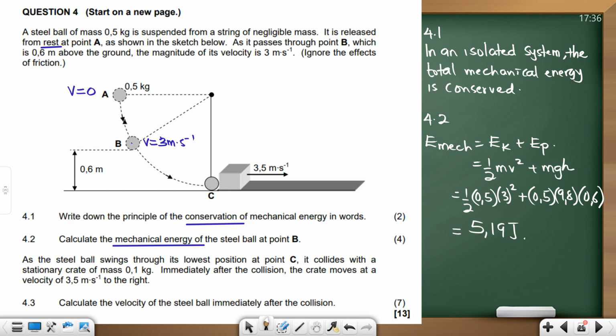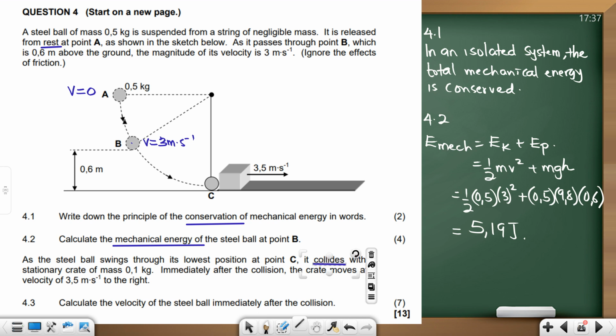As the steel ball swings through its lowest position at point C, my dear learners, I want you to listen. But always remember, as the ball moves down, the velocity is increasing. Okay, you missed the 0,6. No problem. All right, now listen. As the steel ball swings through the lowest position at point C, it collides with a stationary crate. Now, check. It collides.